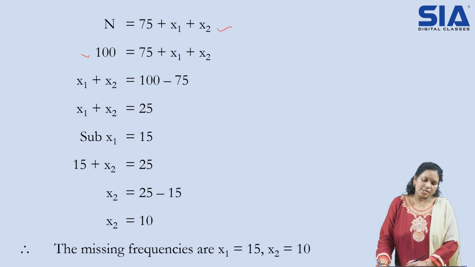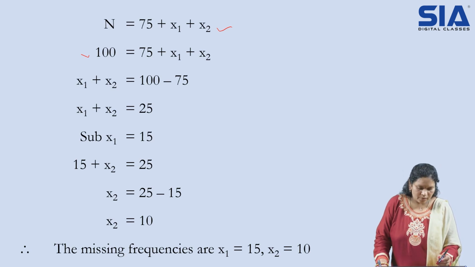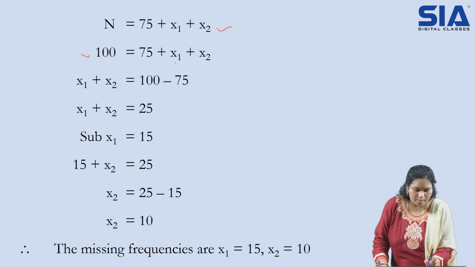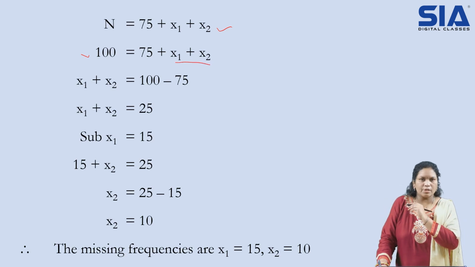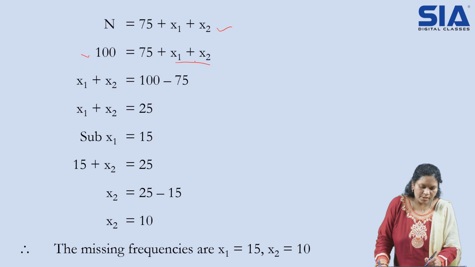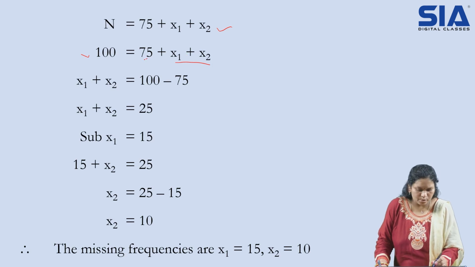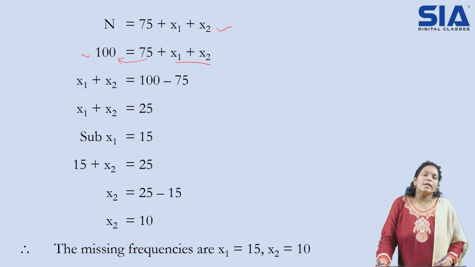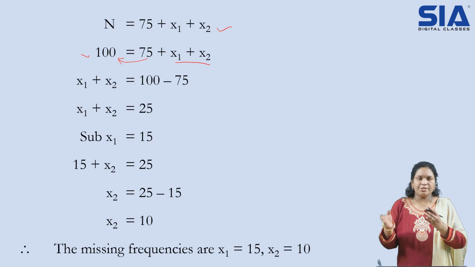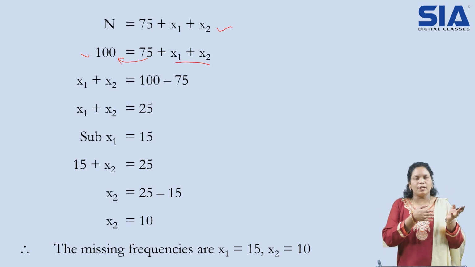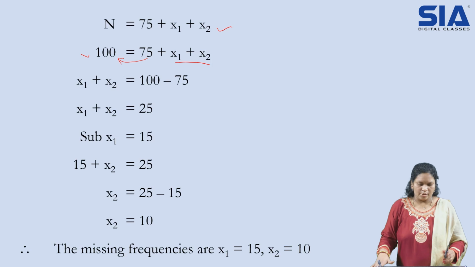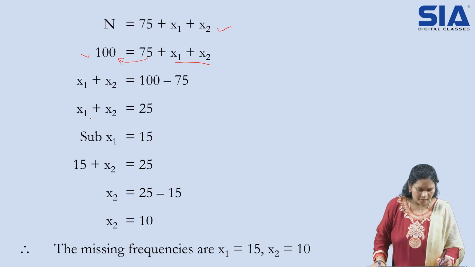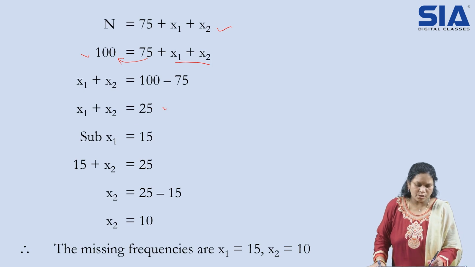I am writing both the variables together on the left hand side and the remaining constants on the right hand side. So x1 plus x2 remains as it is, and 75 goes to the other side and becomes 100 minus 75. At a time you can exchange the values also. So I have got x1 plus x2 as 25.